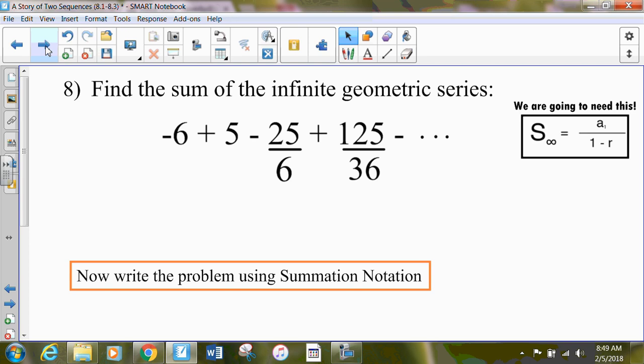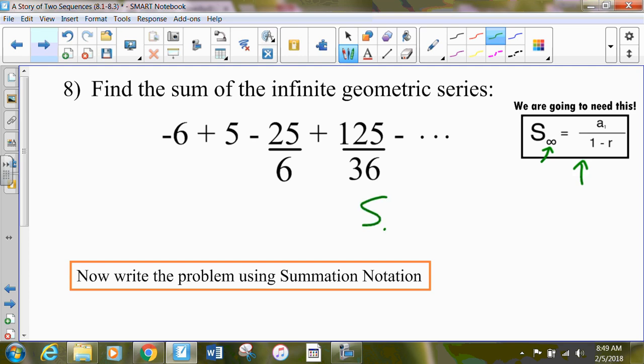It's asking us to take a sum of something that still isn't done yet. It's mind-blowing. So we've got a formula that we're going to use, and this indicates that we're taking the sum of an infinite amount. We're taking the sum of the full series, even though it goes on and on forever.